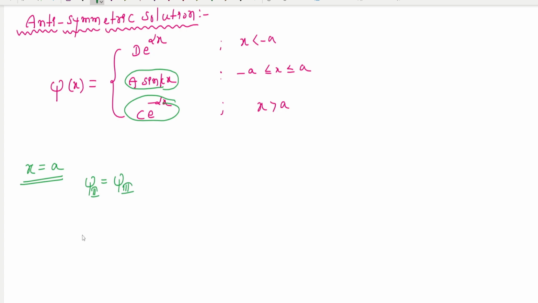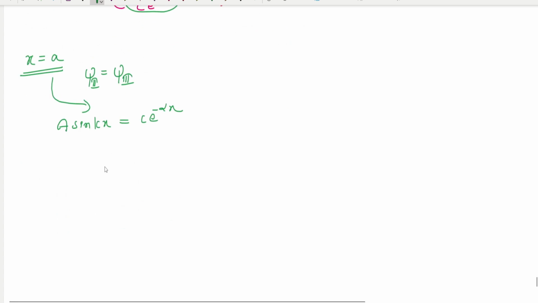What is the region 2 solution here? In this antisymmetric case, a sin kx equal to c e power minus alpha x. Now substitute the boundary condition x equal to a in this equation, then we get a sin ka equal to c e power minus alpha a.